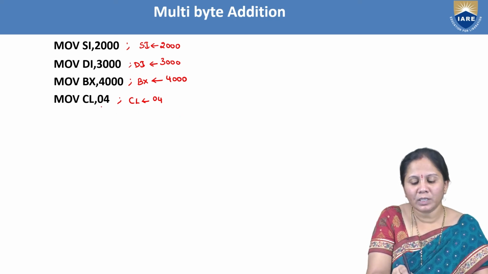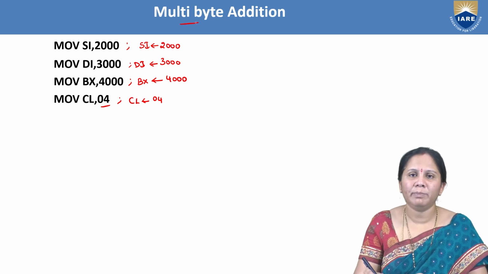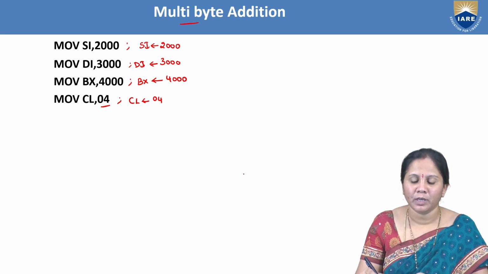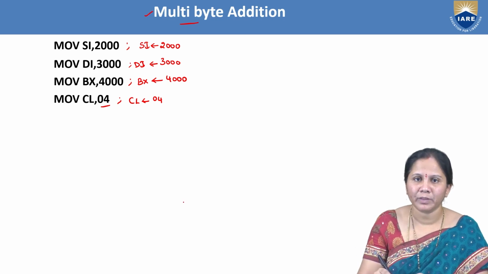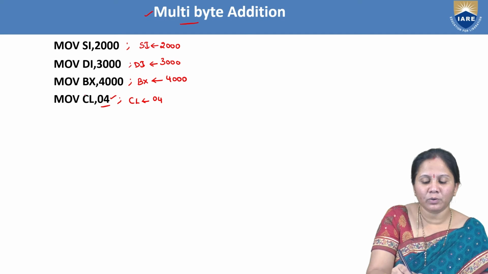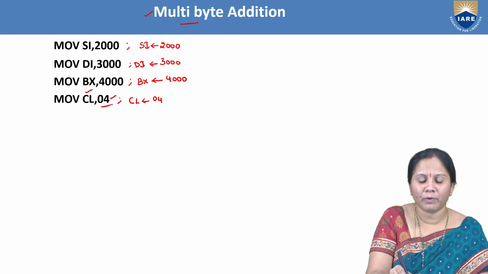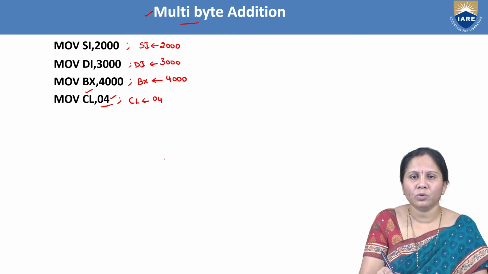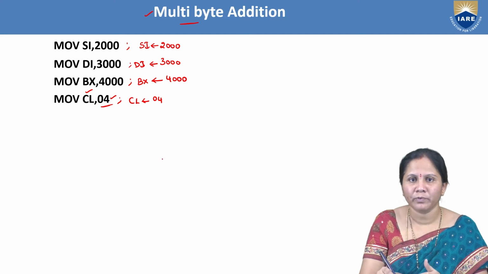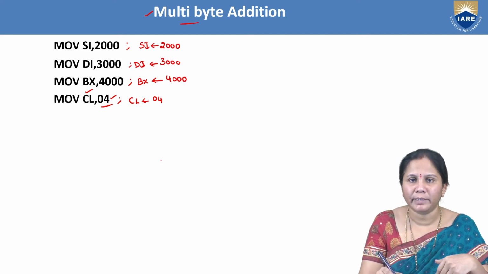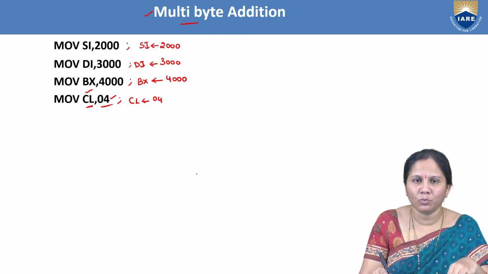So here, what does this 4 mean? Here we are performing a multi-byte addition operation. Multi-byte means the number of inputs we are taking should be loaded into this CL register. So here you are taking the value 4 into the CL register. So it means you can take 4 inputs, and 4 inputs can be added. Generally this CL represents the counter register.